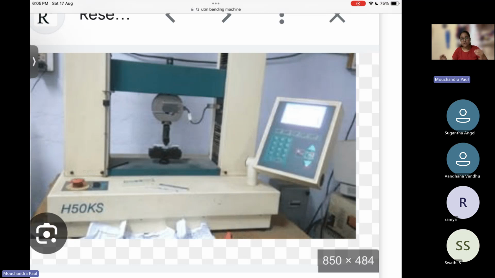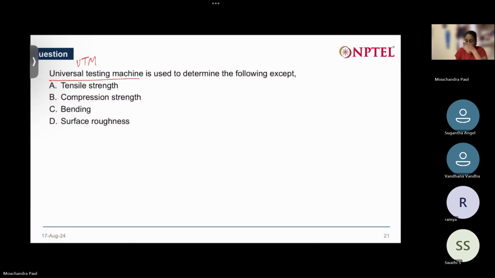You can then measure how much load is needed to cause bending, the maximum load. So you can quantify the maximum tensile stress and the tensile and compression tests using this instrument. So it can help you quantify these three properties of your material. What it cannot tell you is the surface roughness. The surface roughness can be quantified through AFM, atomic force microscopy, which I've already covered. The correct answer here is surface roughness.